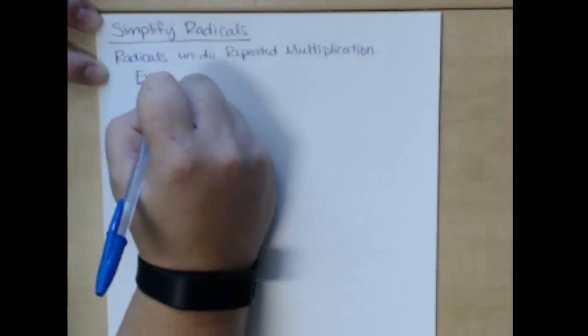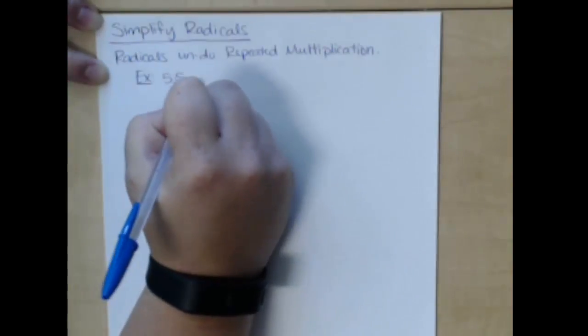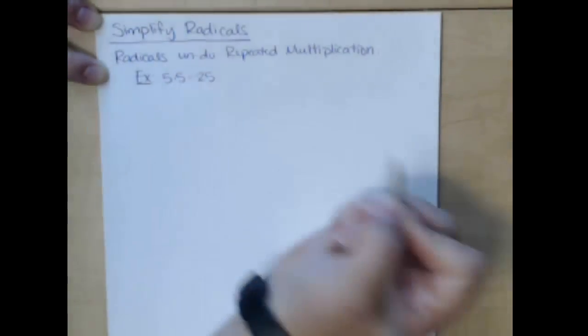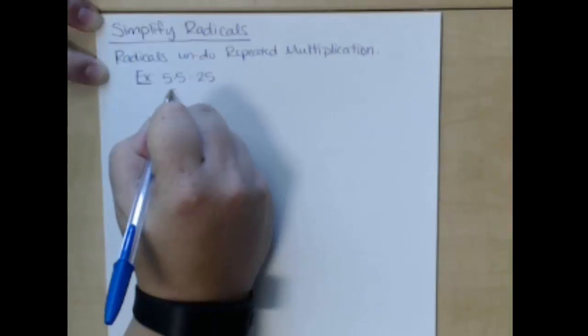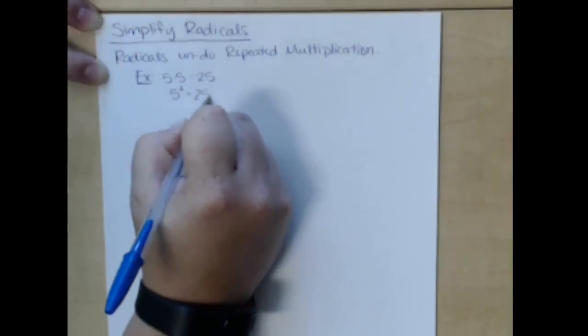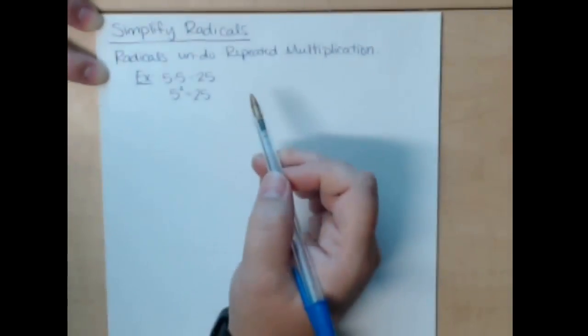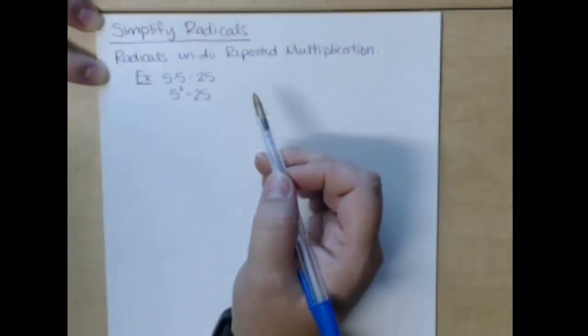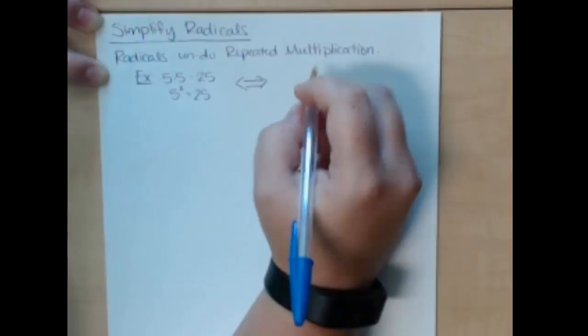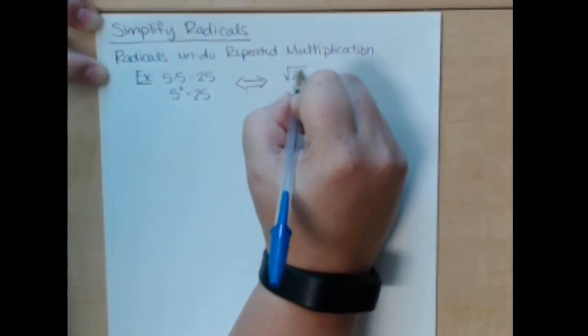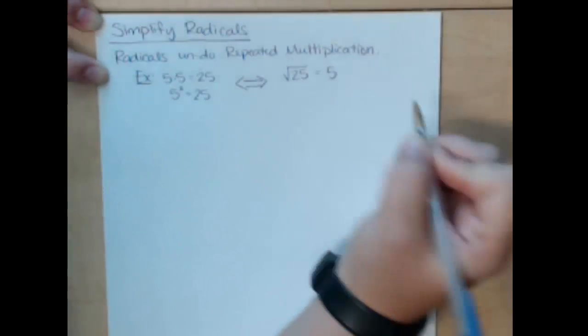Okay, so our example that we talked about in the last class was if we do something like 5 times 5, we know that's 25, right? Or we could write this as 5 squared equals 25. So to undo a square, we can use a square root. So in other words, if I take the square root of 25, that equals 5.